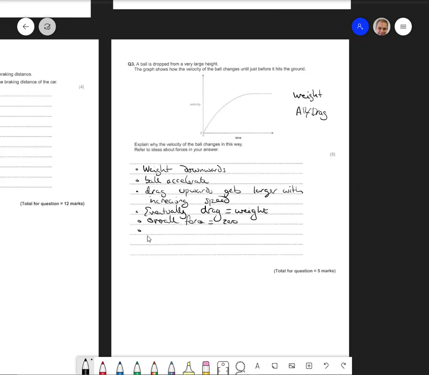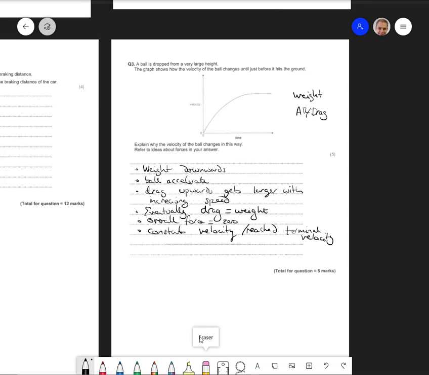Therefore, we have a constant velocity, or if you wanted to say we've reached terminal velocity, or has 0 acceleration.